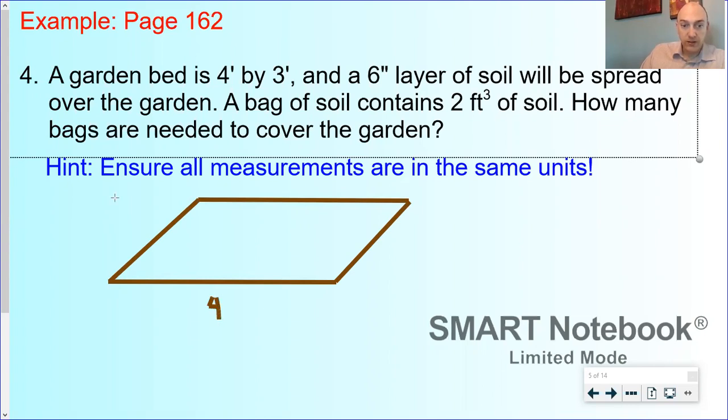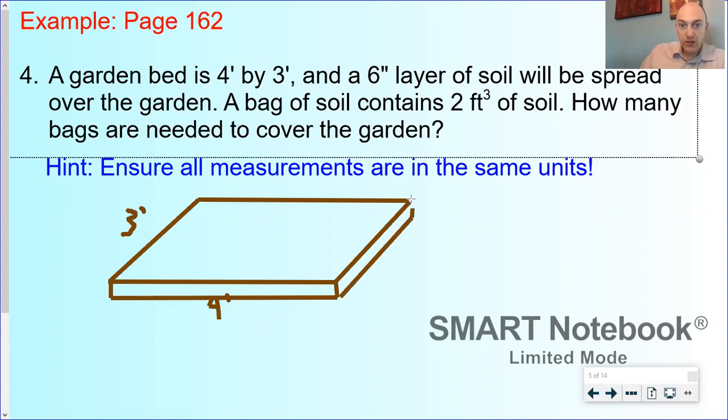And this is going to be way easier if I change to a pen mouse. This is 3 feet. This is 4 feet. And then the depth of this is not very much. It's just 6 inches. Right? It's just a thin layer of soil.